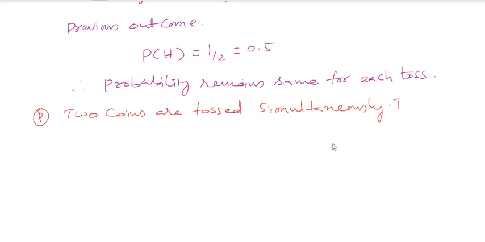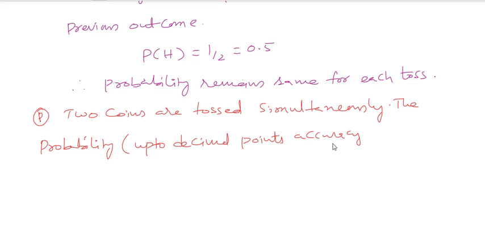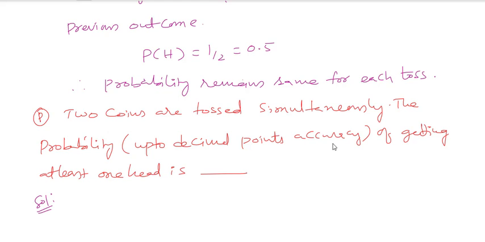The probability (up to decimal points accuracy) of getting at least one head is dash. This is the question. So two coins are tossed at a time.